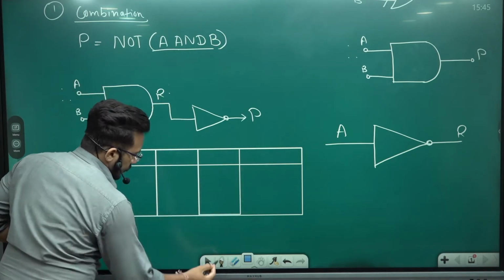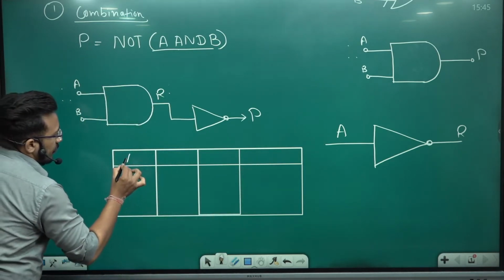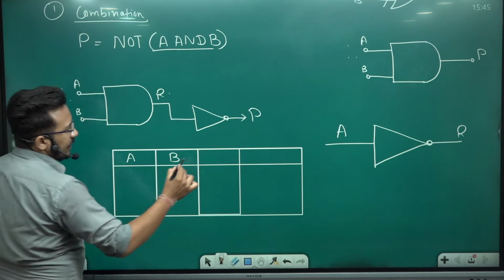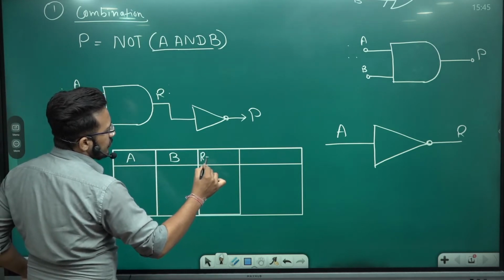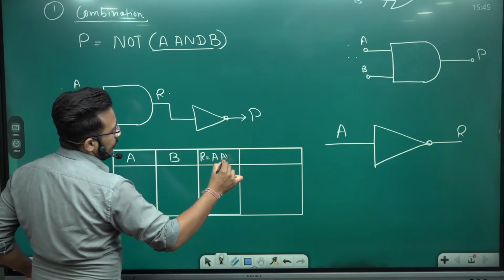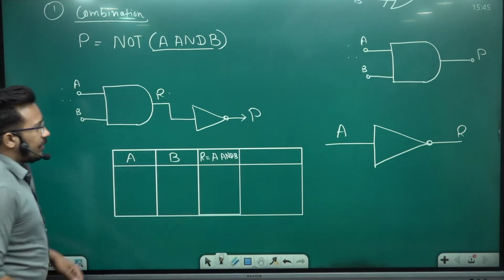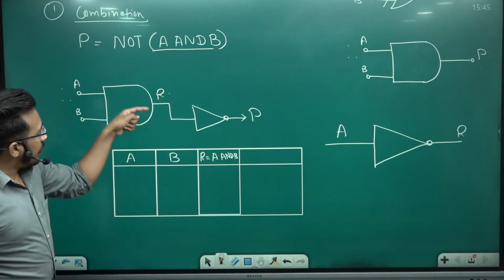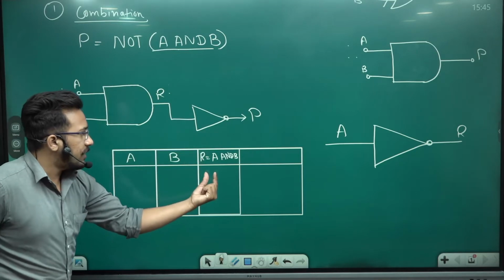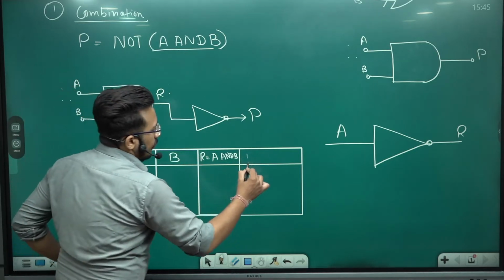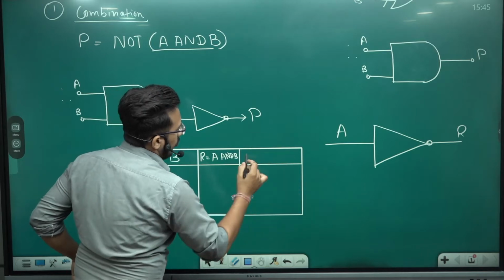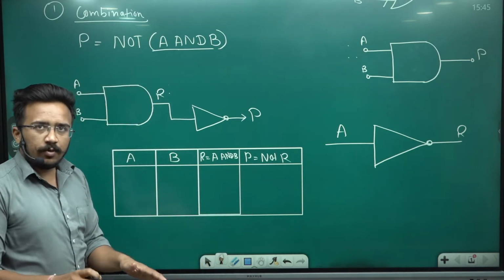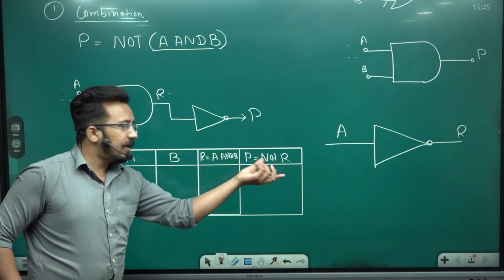So first you consider input A, then input B. Now for R, you can represent R as R equals A AND B. And R is an input for P, so this will be considered as input for P. So P equals NOT R, or instead you can also say NOT (A AND B).